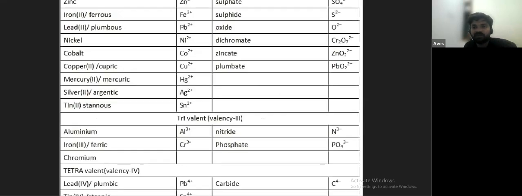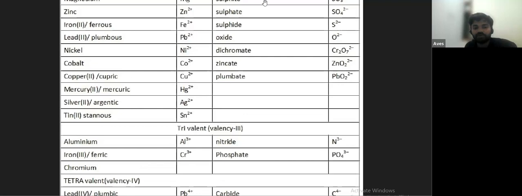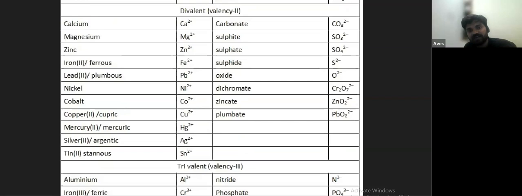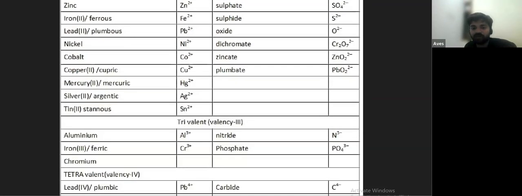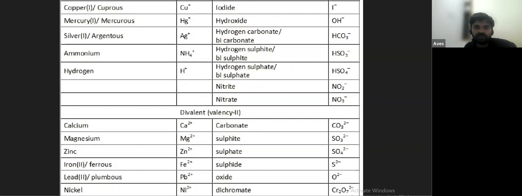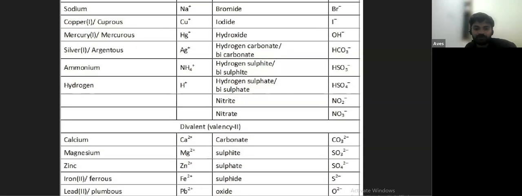Okay, this is the chart for the valency, and we will send it to you. Now this whole chart we are going to send you in the homework. Don't worry about it. Don't take a screenshot of this one. I'm going to send it to you.